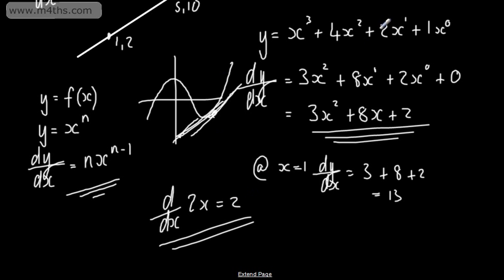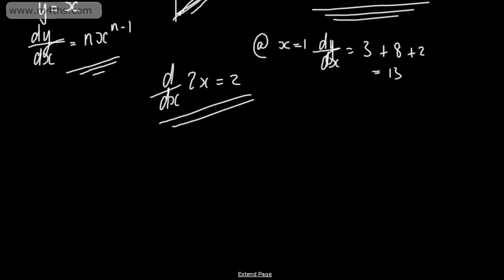If I had this term here, y is equal to 3x, differentiating it would give us 3, and it would be constant. If we look at this constant value, let's go ahead and draw this, and I'll put some axes here.